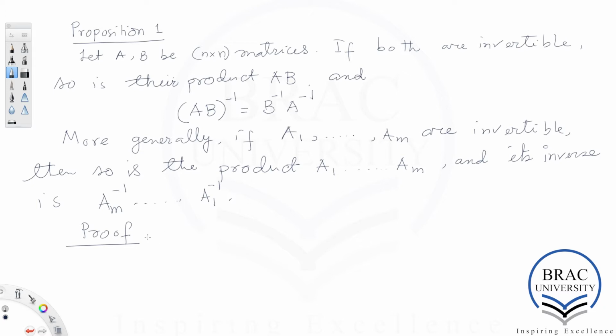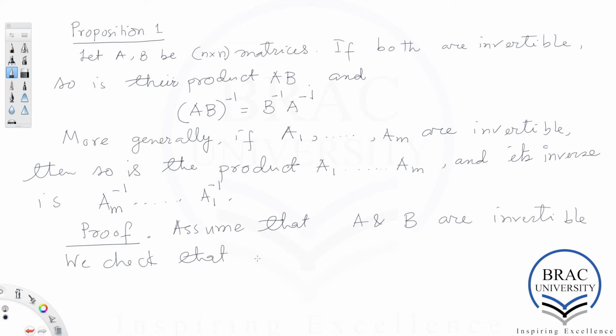Assume that A and B are invertible. We check that the inverse of AB is B inverse times A inverse, right?